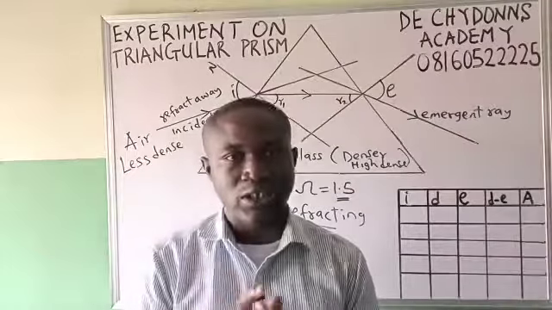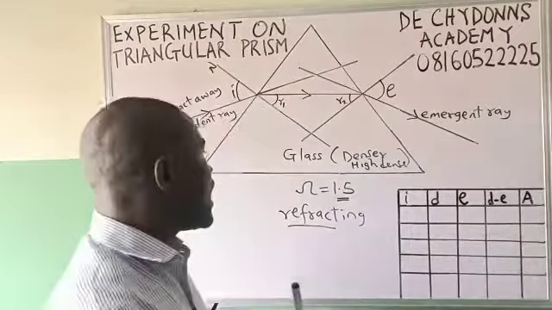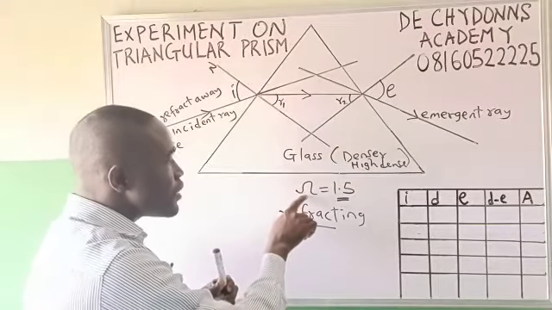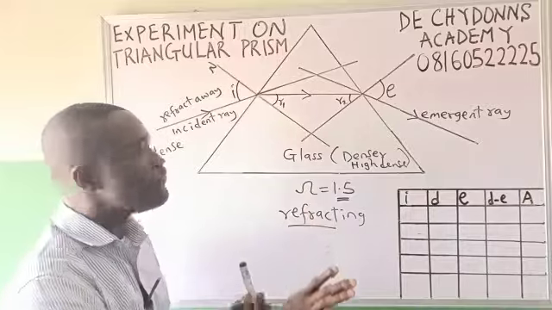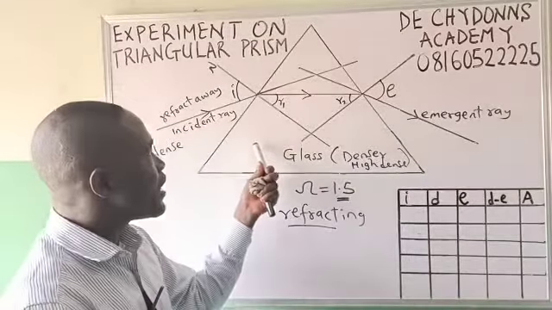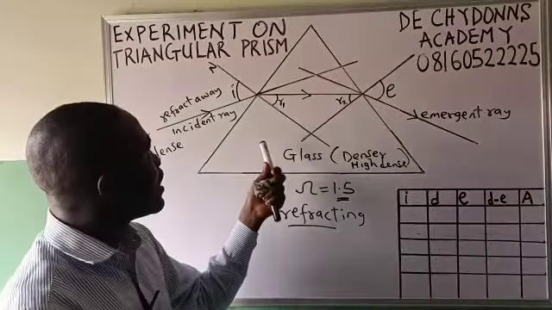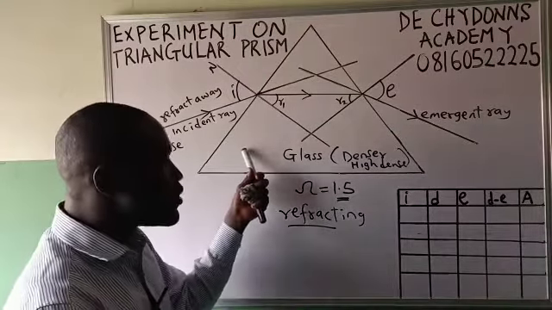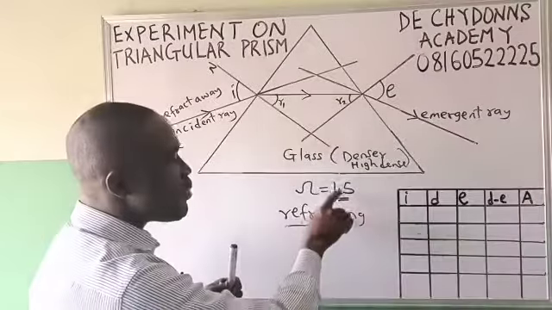Please note this point. Now, also note that the refractive index of a glass prism, triangular prism or rectangular prism, is approximately 1.5.